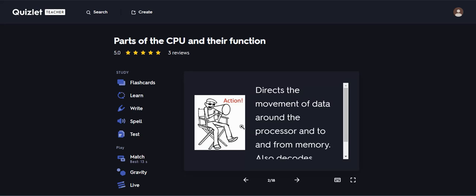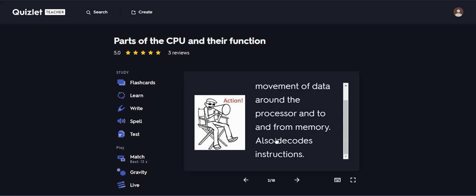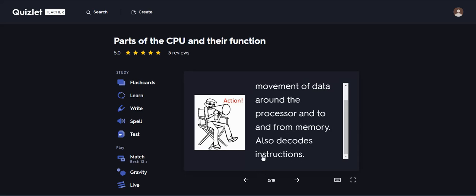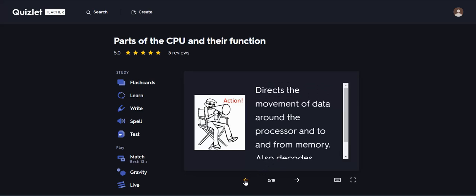So when data and instruction go to the CPU, the instructions are decoded, and then the control unit directs the movement of data around the processor and directs the data or information to and from memory. So that's the control unit. It's the boss of the show.